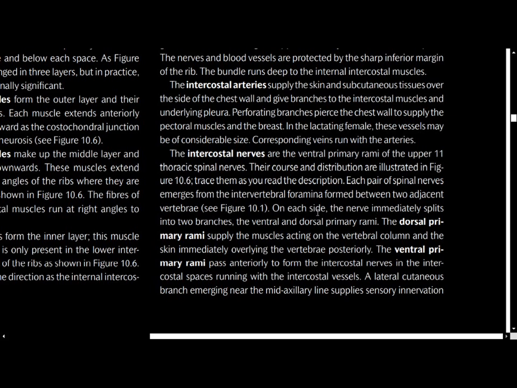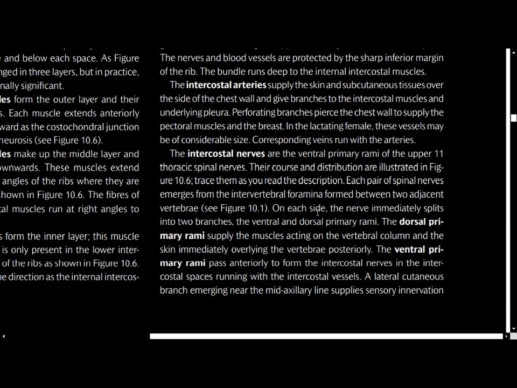The dorsal primary rami supply the muscles acting on the vertebral column and the skin immediately overlying the vertebra posteriorly. The ventral rami pass through the intercostal and subcostal spaces to form the intercostal nerves, running with the intercostal vessels.